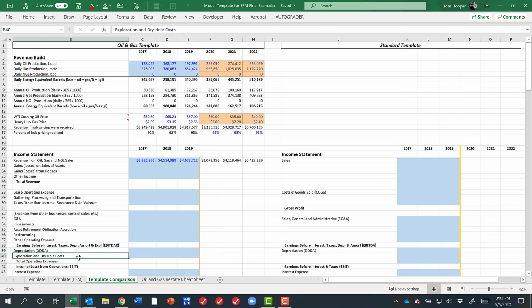Exploration costs, also dry holes included on this line item. Money that a company spends on exploration is seen as a longer-term investment, and so wouldn't be really analogous to a cost that's coming out of EBITDA. And so we talk about EBITDAX since we have exploration costs that are below that line.